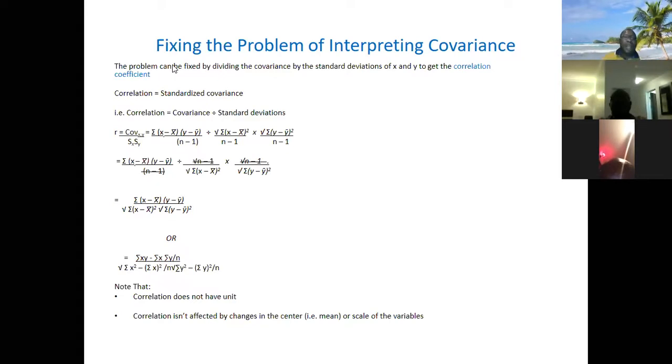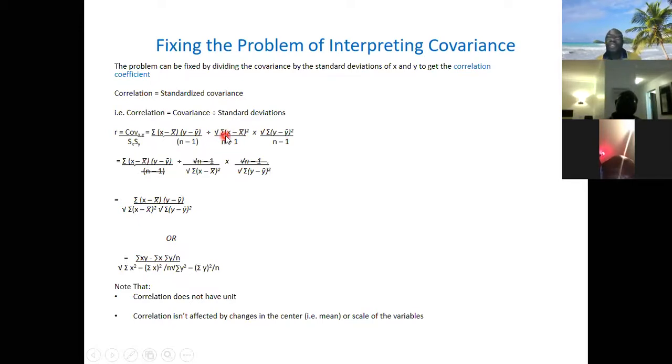It's the same thing here. Our covariance is all about x minus x bar and y minus y bar, the deviation of each of y and x from their mean. So if you want to standardize it, to cancel out the unit, you divide it by the standard deviation of X and Y. Correlation is a standardized covariance in that sense.